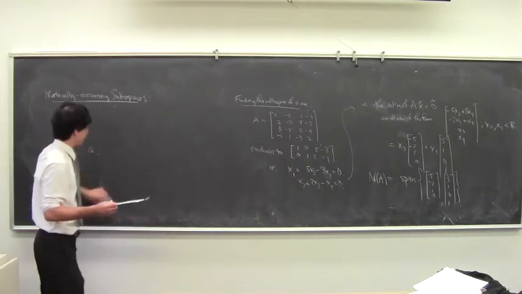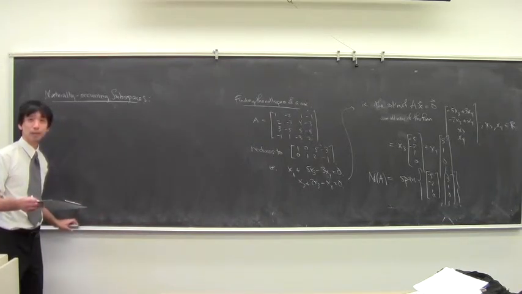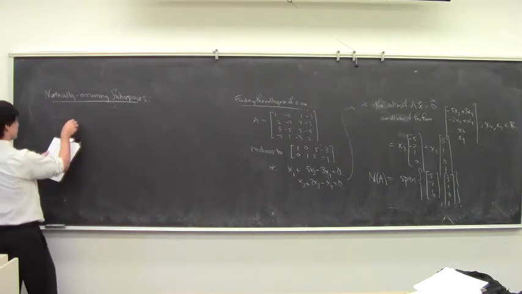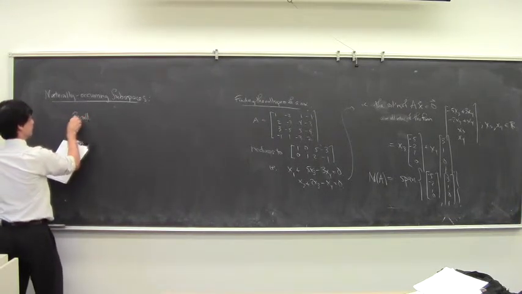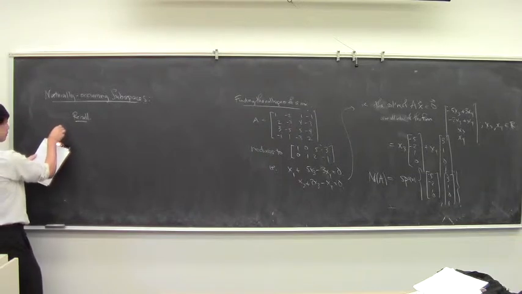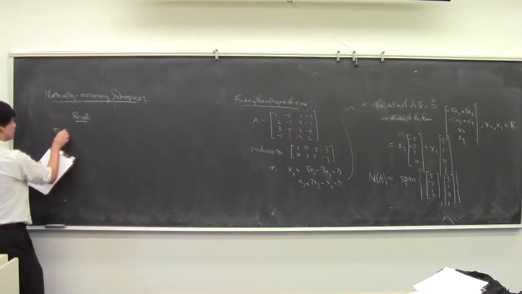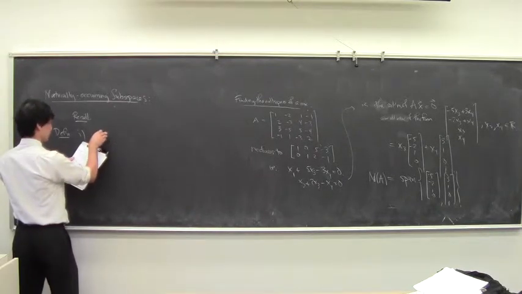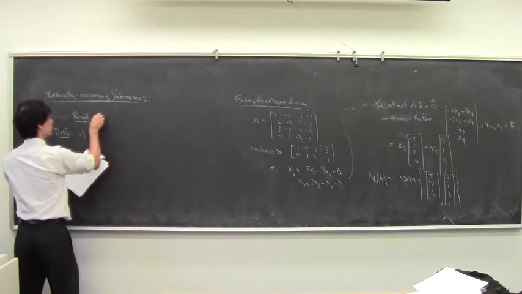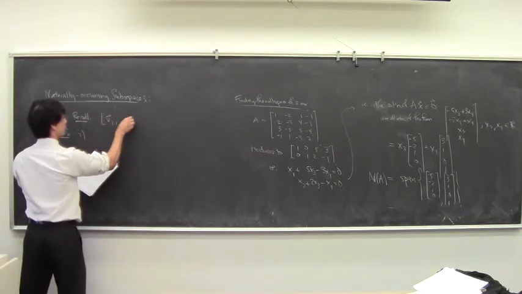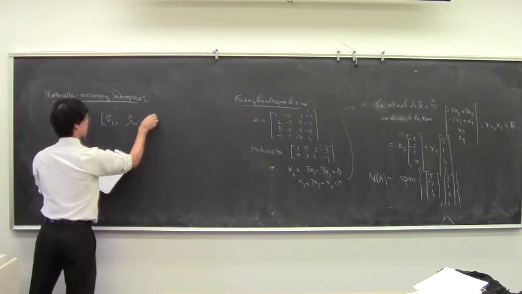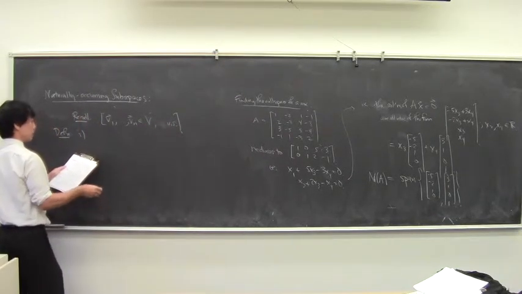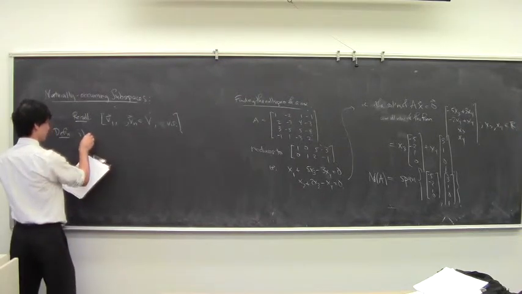Do you all remember what the span is? Do I need to redefine span, or do you all remember? You don't remember? Okay, let me redefine. Recall, we had a couple of definitions early on. One was linear combinations. You start off with some vectors, v1 through vn, in some vector space.